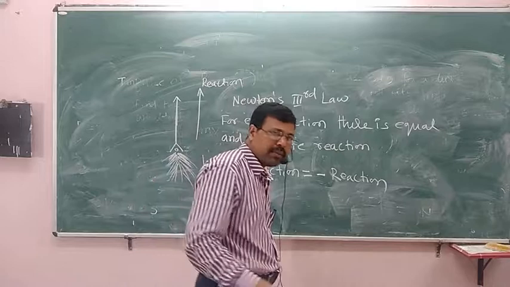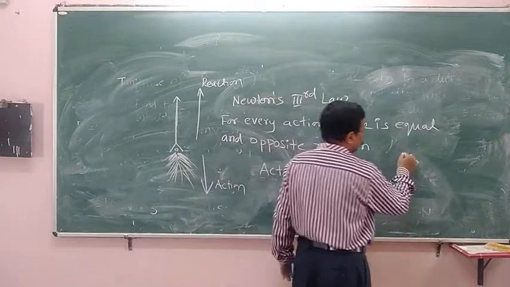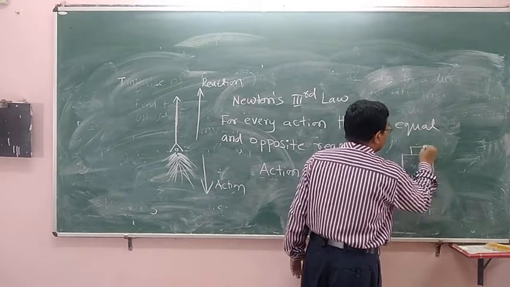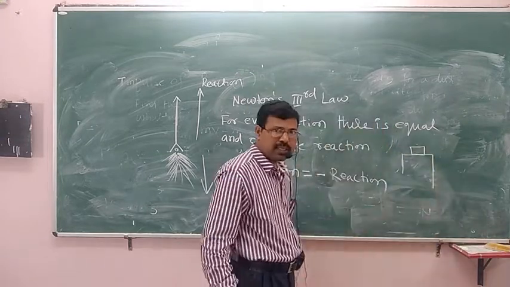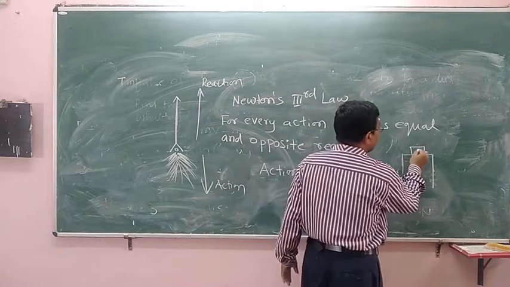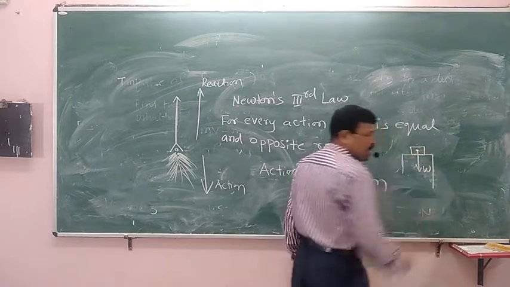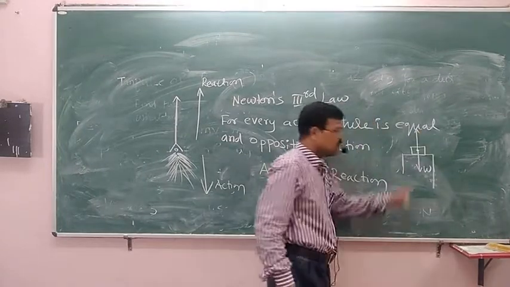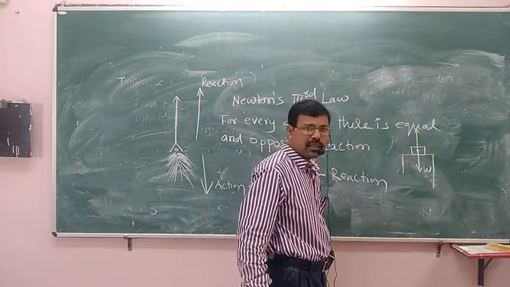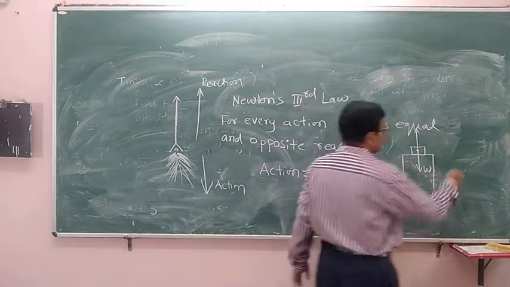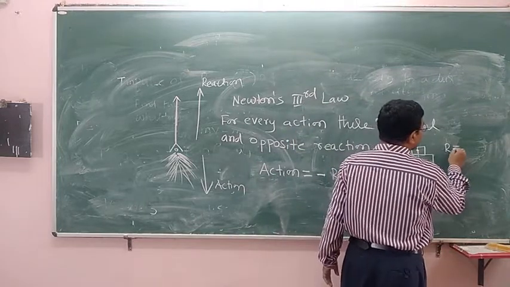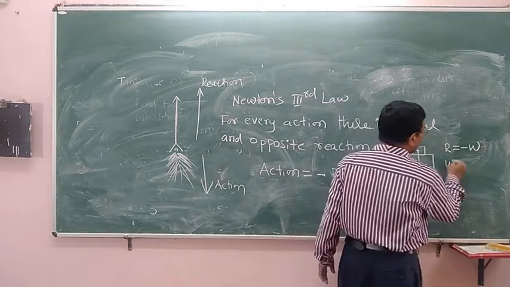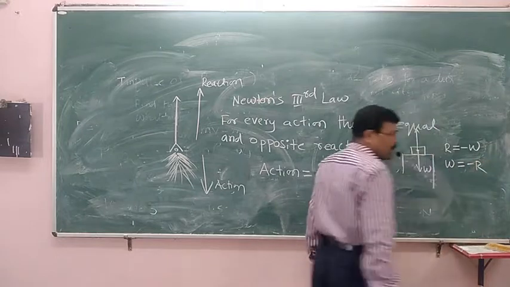How do we write this mathematically? For example, here is a table and a book is kept. What is the action? Weight is the action. What is the reaction? The force exerted by the table on the book is the reaction. So reaction is equal to weight, or weight is equal to reaction.